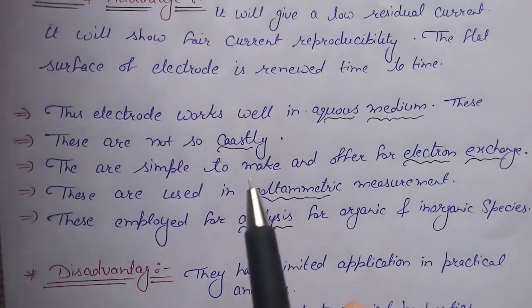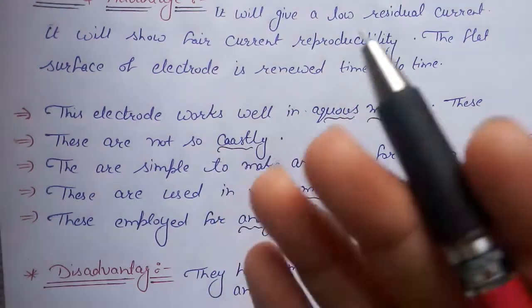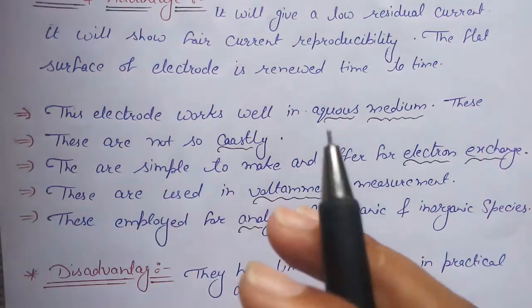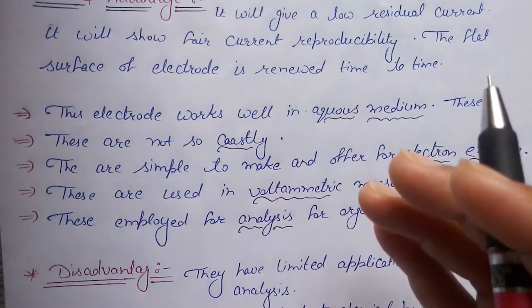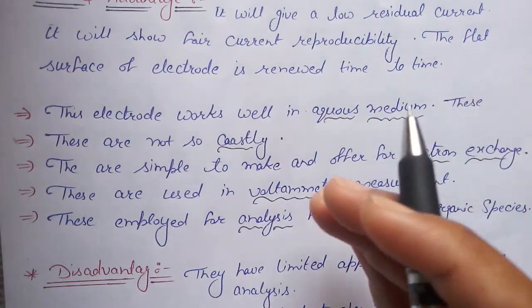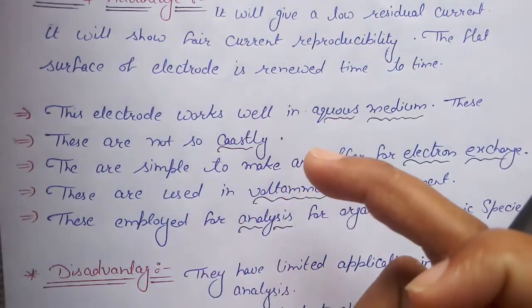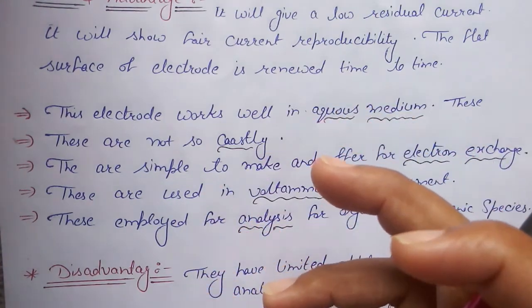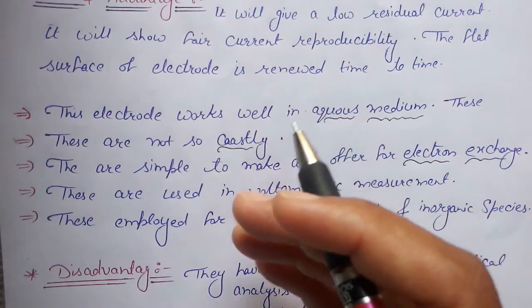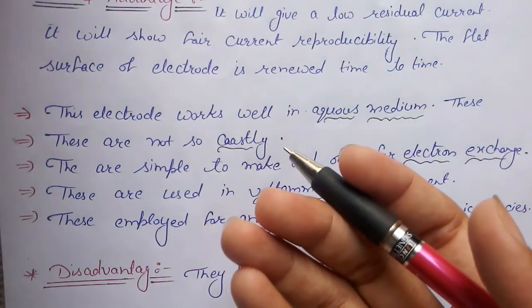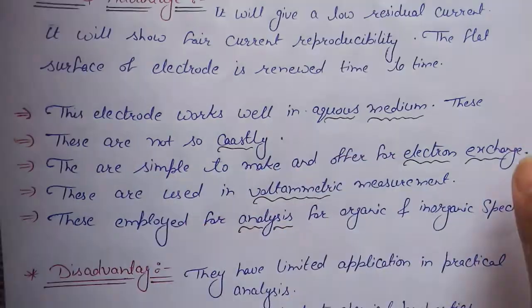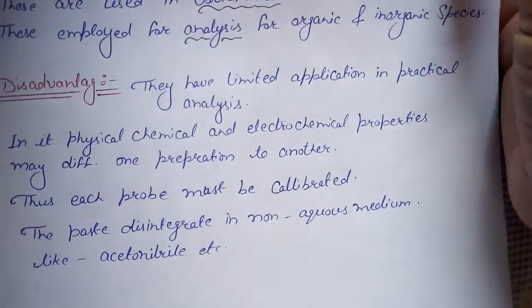Now last and least, what are the disadvantages of the carbon paste electrode? If you have a question for at least 4 to 8 marks, then you have to define its introduction, then its construction and working with diagram, and last you have to tell about the advantages and disadvantages to get complete marks. So the last one is disadvantages.